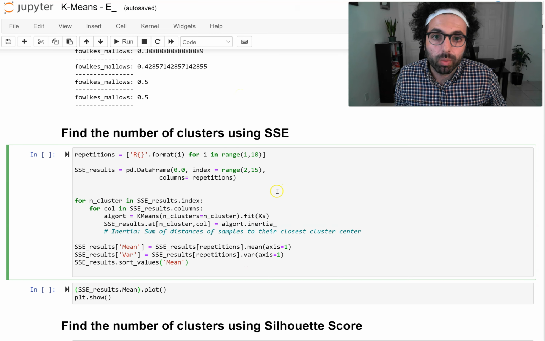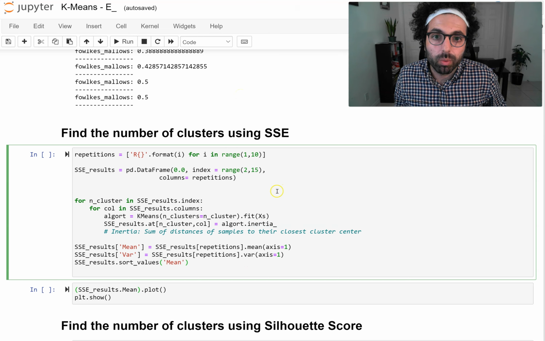So now that we know that we want to use K as 3, we want to check if our algorithm can find those clusterings with 3 clusters every time. Once we run this, we see there are cases where the clusters found with 3 clusters are a little bit different.